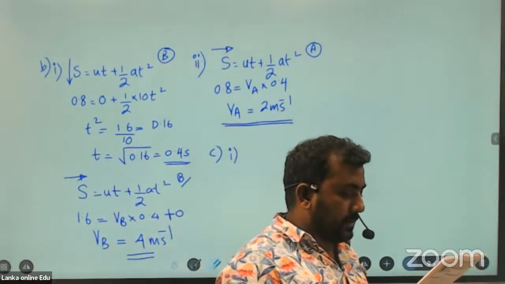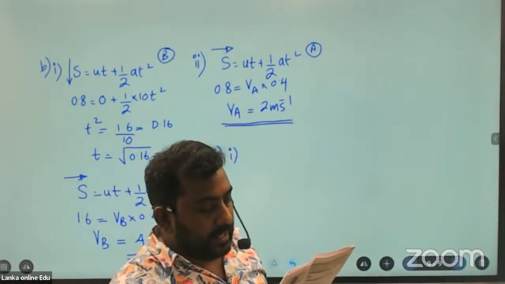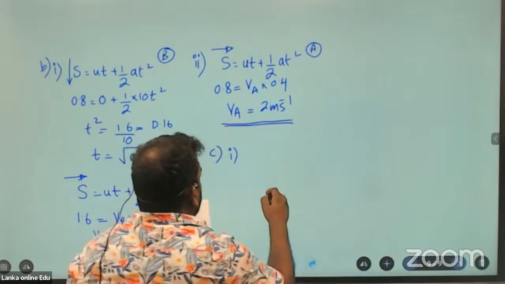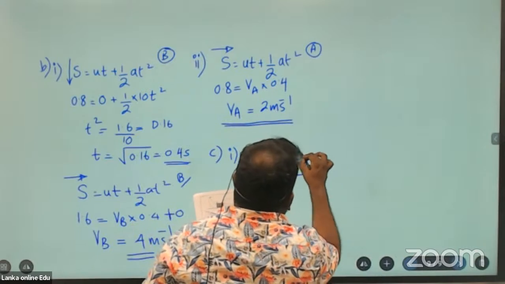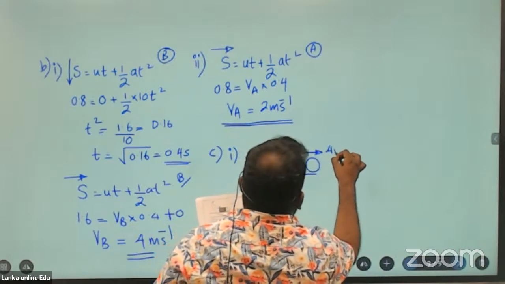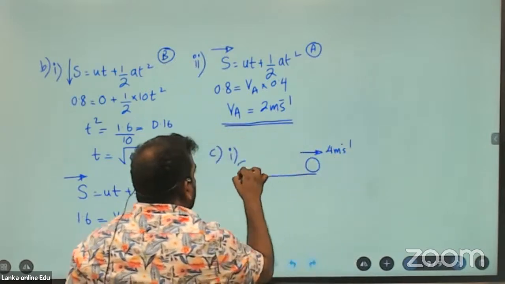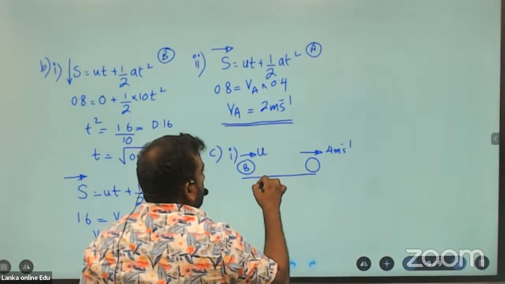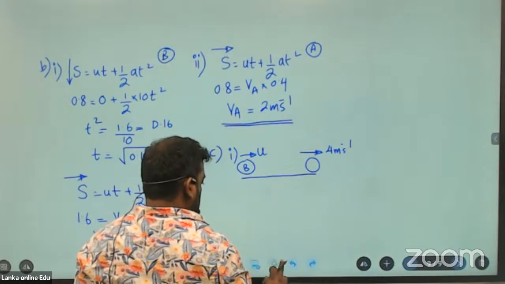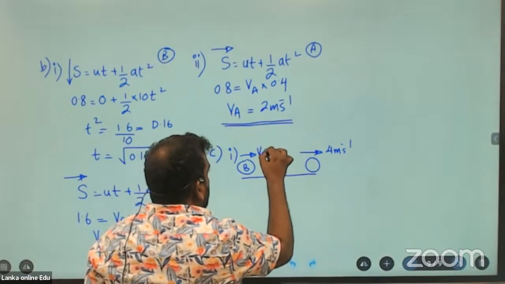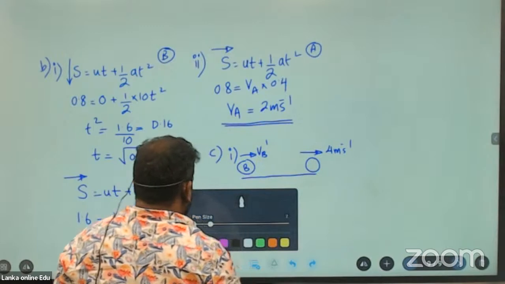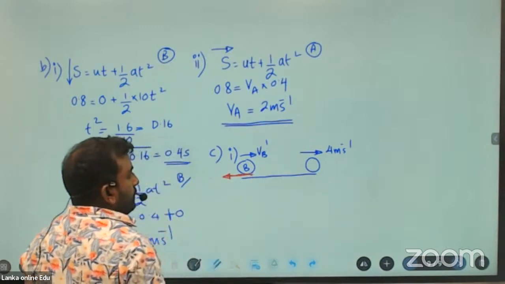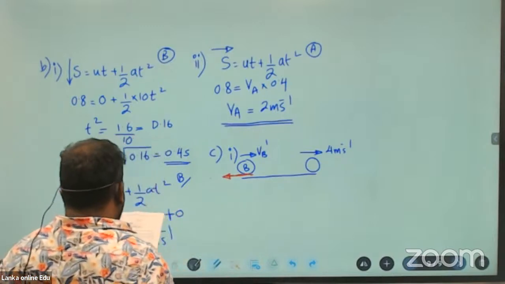See Roman 1: what is the velocity of B just after the collision? Just before leaving R, the velocity is 4. B just after the collision is vB dash.